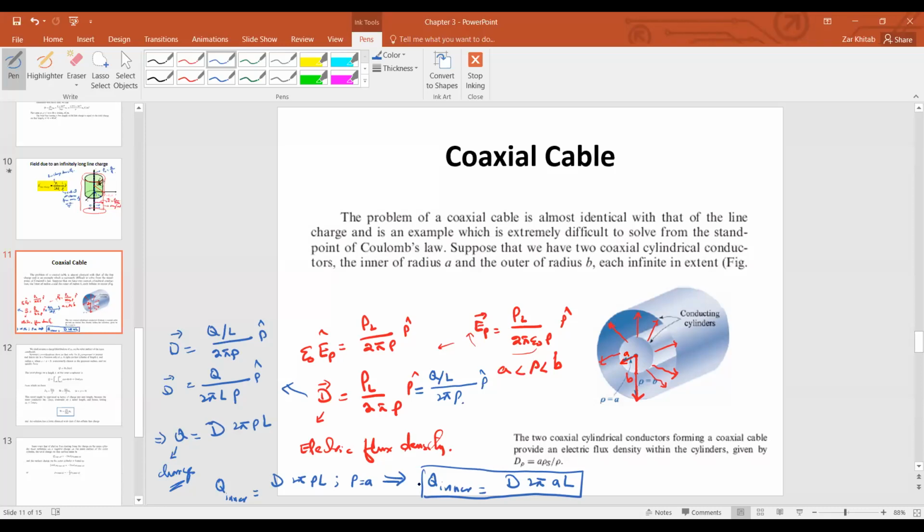2 pi A, 2 pi R is the circumference, right? And if you multiply it with the L, it will give you the total area. If I bring it here, what is 2 pi A?